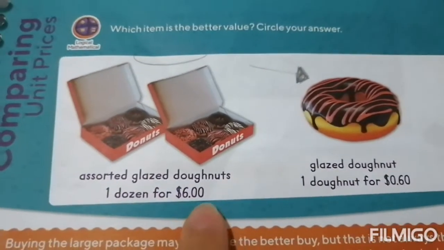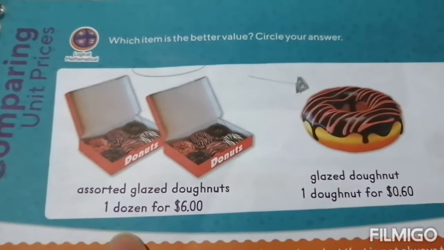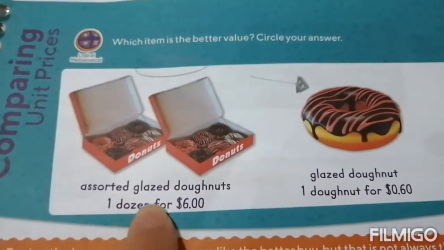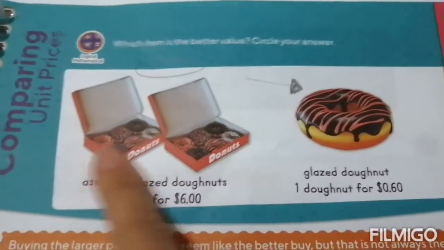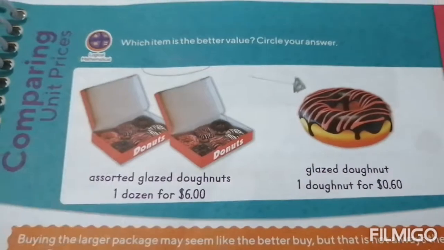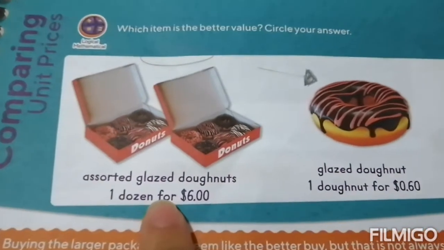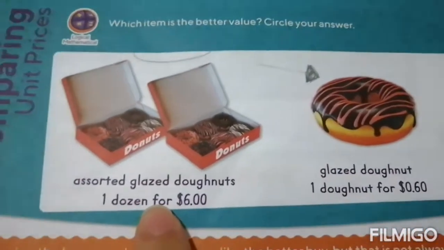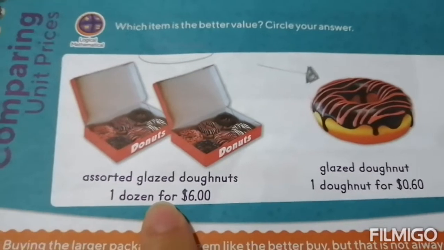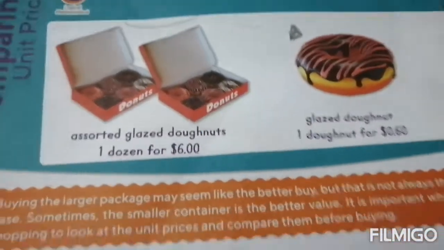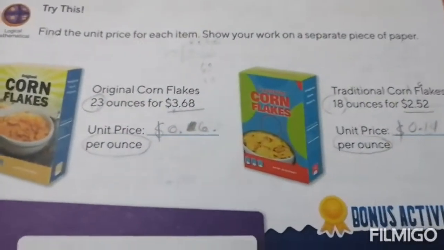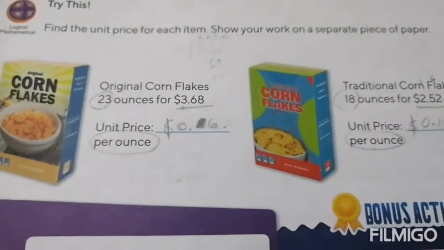As you can see, here the donuts are going to cost 0.5 and here it's 0.6. We now know that the best choice is to buy the dozen of donuts. Of course, if you only want one donut, you just get one. But in this case, we are analyzing the unit prices.